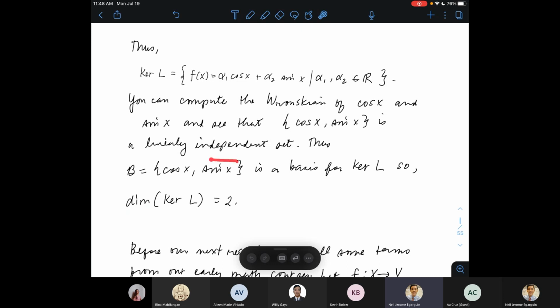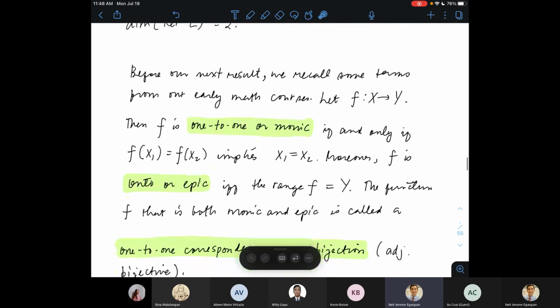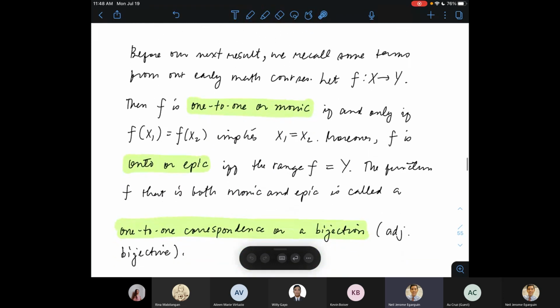Since we found a basis consisting of 2 elements, the dimension of the kernel is equal to 2. All right. Unfortunately, finding the range is, I think, difficult and more involved, so I omitted it here. So yeah, I think that's the last example so far for finding the kernel and the range.